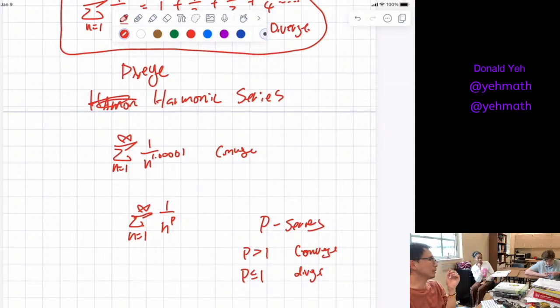Yeah, the integral test is a very good approximation. I forgot if it's less or more, but there's a statement comparing the actual integral versus the series. I think the integral is greater than the sum of the actual series, but it's still a good indication.